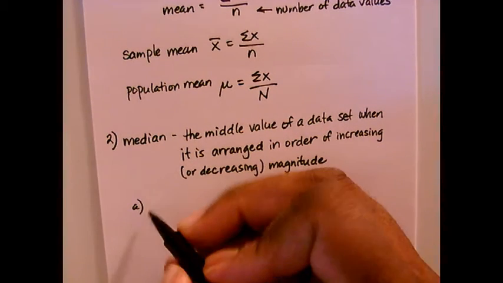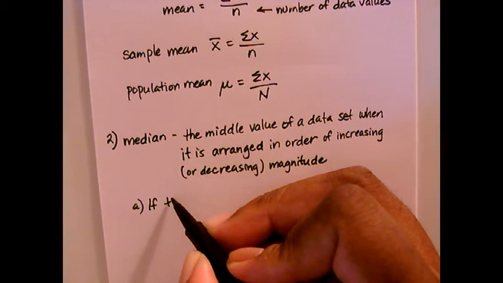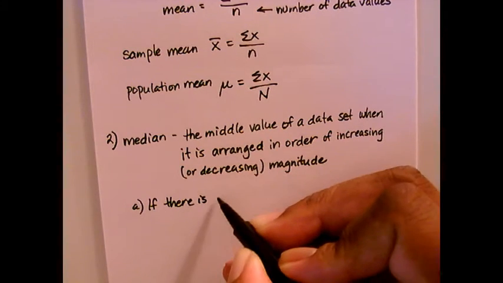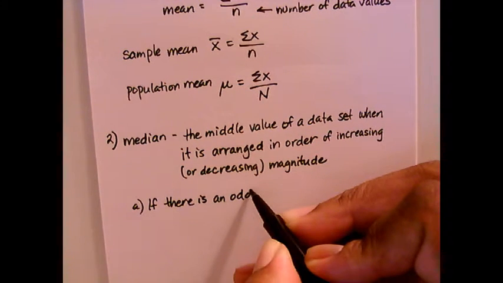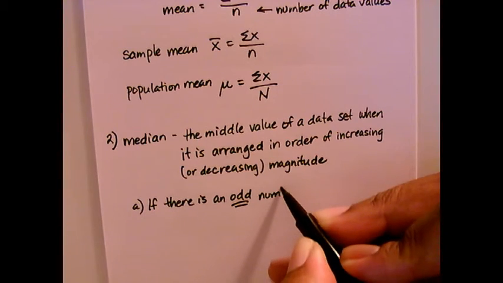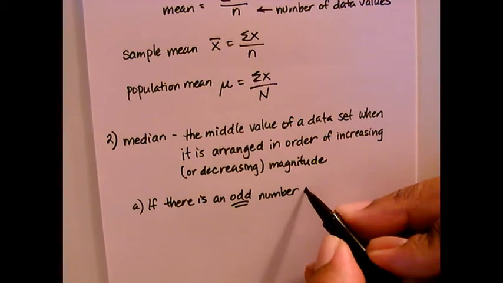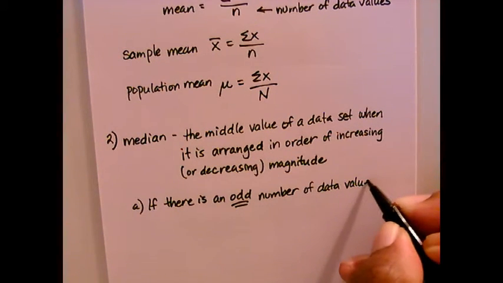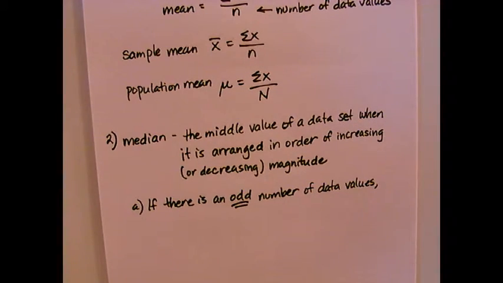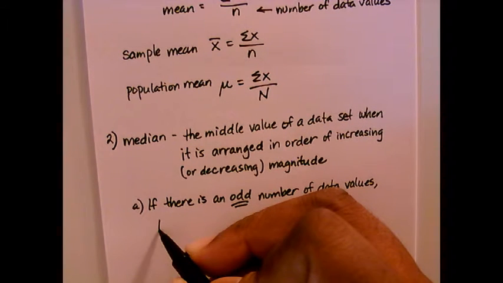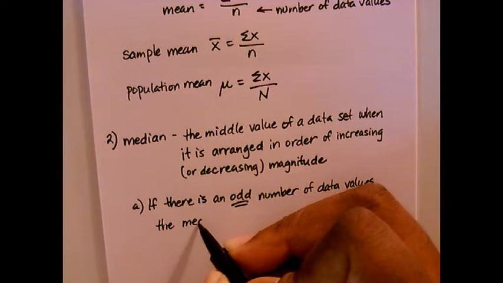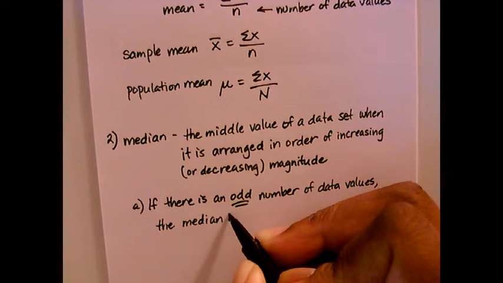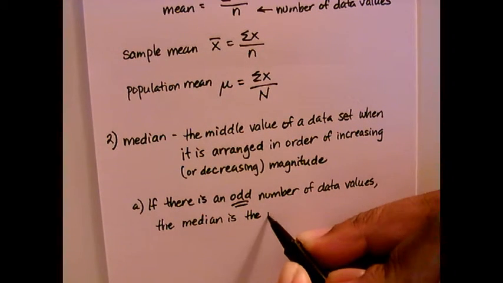If there is an odd number of data values, that means if there are 5, 7, 9, 13, etc., those are odd numbers of data values, then the median is the middle number.